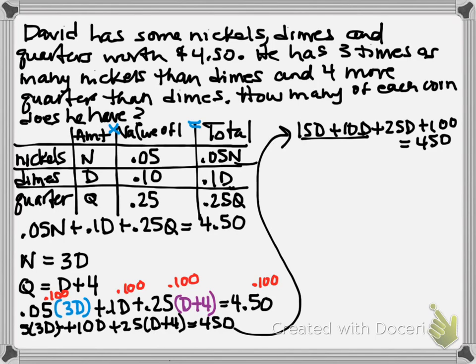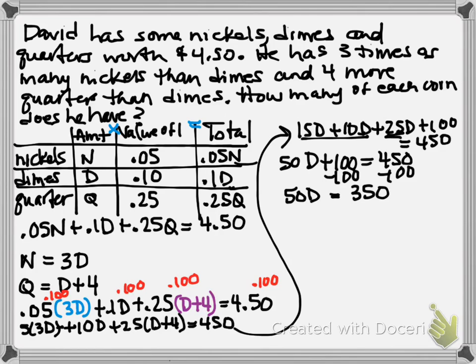And what's 25 plus 25? 50. So I get 50D plus 100 equals 450. Then I subtract 100 from both sides, and I get 50D equals 350. Divide both sides by 50, zeros go away, and I get D equals 7. So what that tells me is that I have 7 dimes.